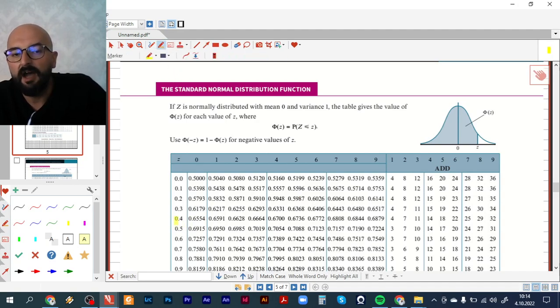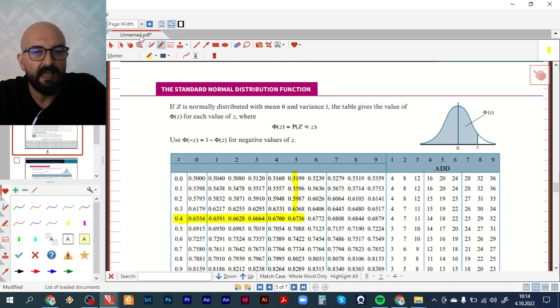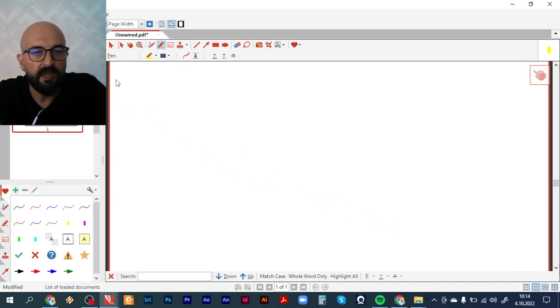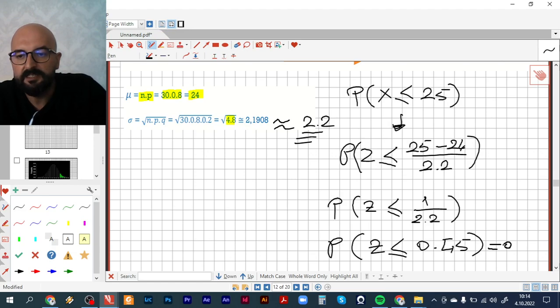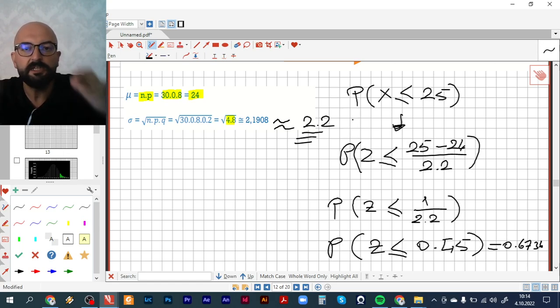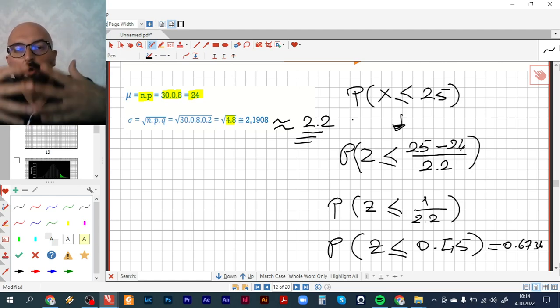Firstly, we find 0.4, and then 5, with 0.45 corresponding to both the row and column. It means 0.6736.